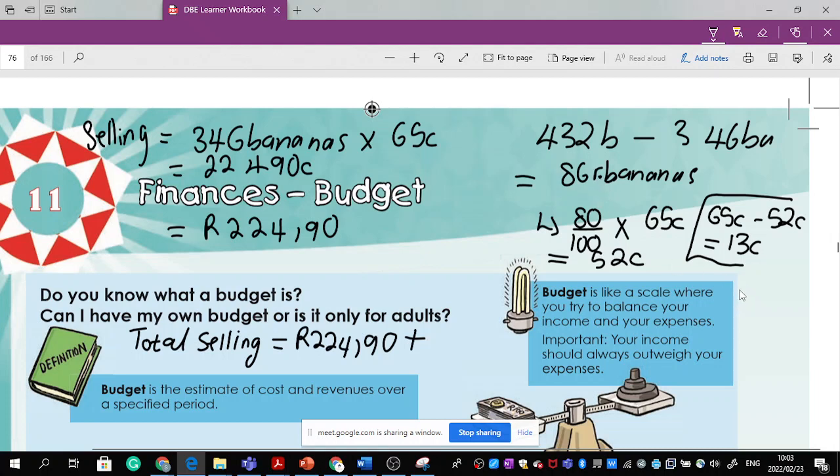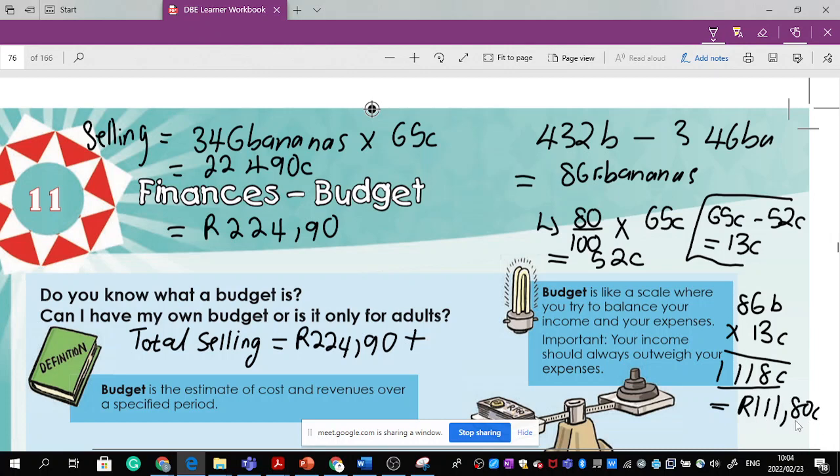So it's going to be 86 times 13, which equals 1,118 cents, which is how many rands? 111 rands and 80 cents.